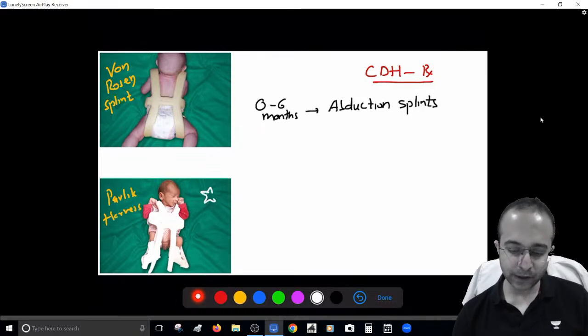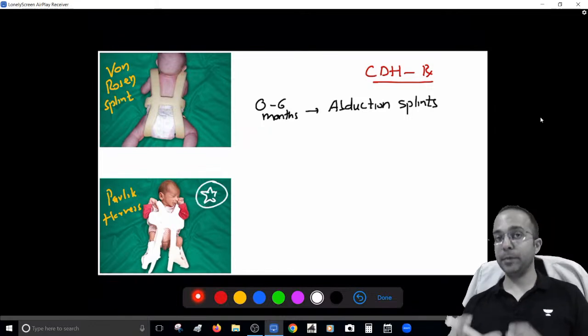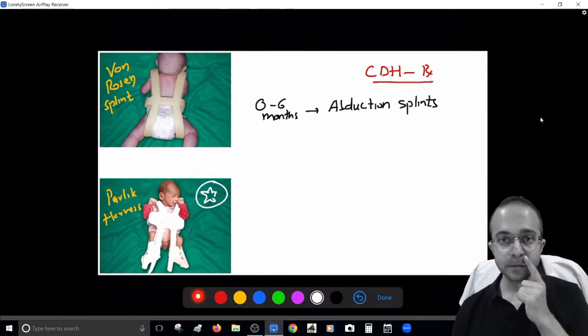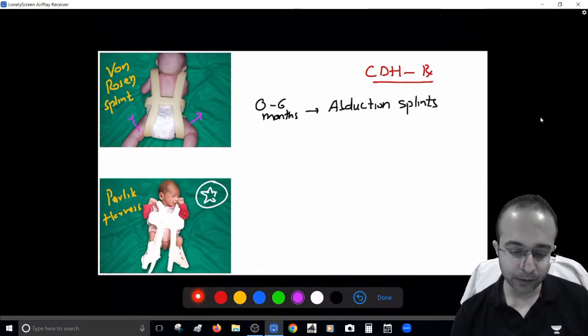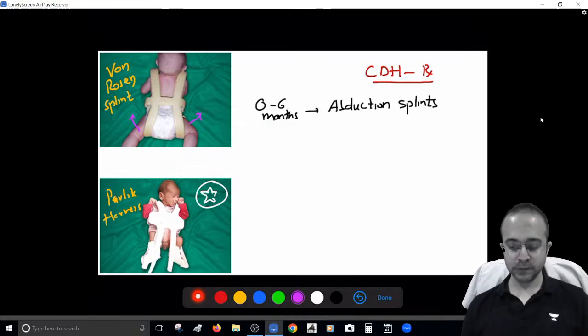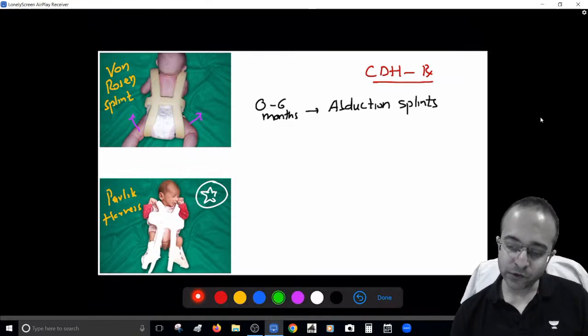This picture was there in the previous INI-CET paper, so please have a good look. The idea behind these splints is to keep the hips, you can see here, in abduction. See, how is abduction going to help? Abduction is going to lead to containment of head.